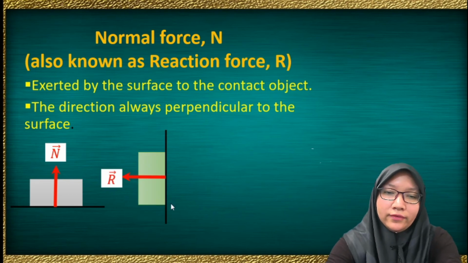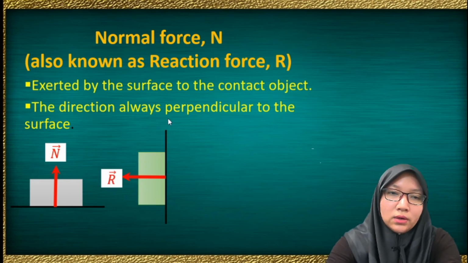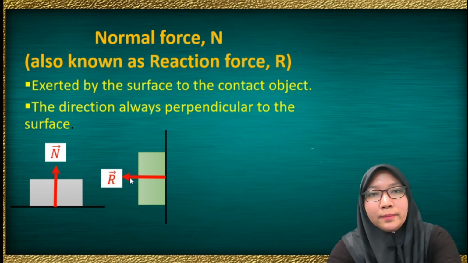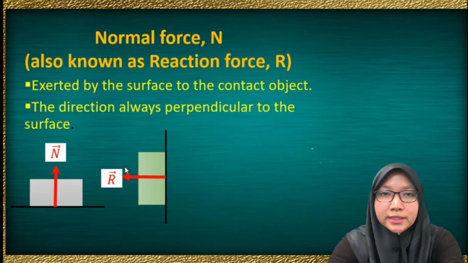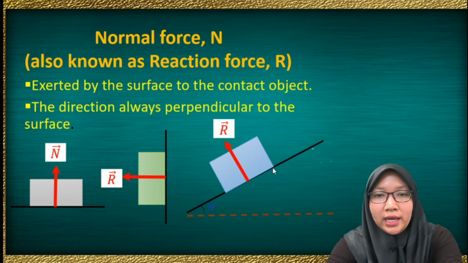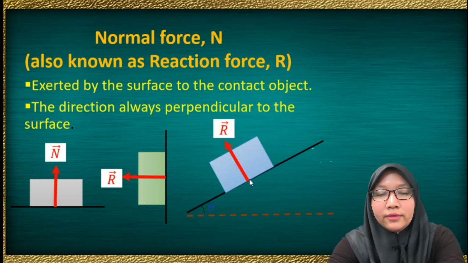What about if I have a wall or a vertical surface? So in this case, I'm going to replace with R because I'm going to use a reaction instead of normal. So the 90 degree or perpendicular to the surface is this direction. And the last one, let's say we have an inclined plane, the reaction should be 90 degree to the surface.